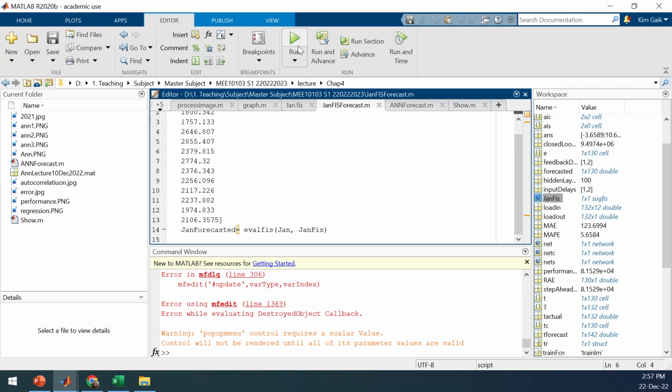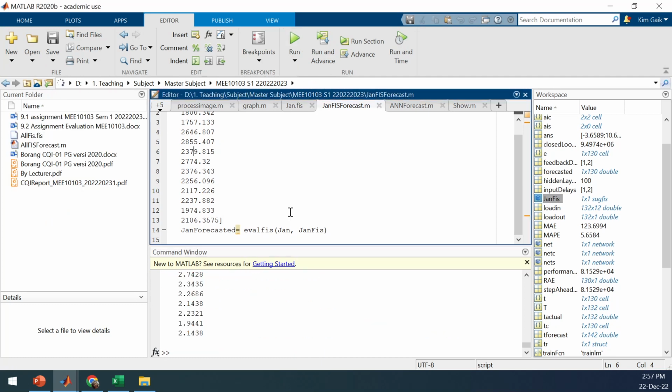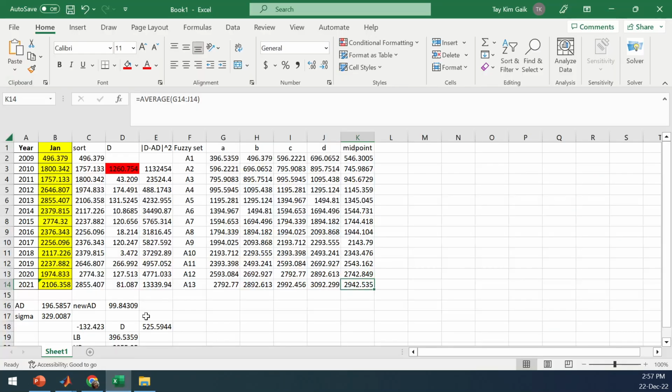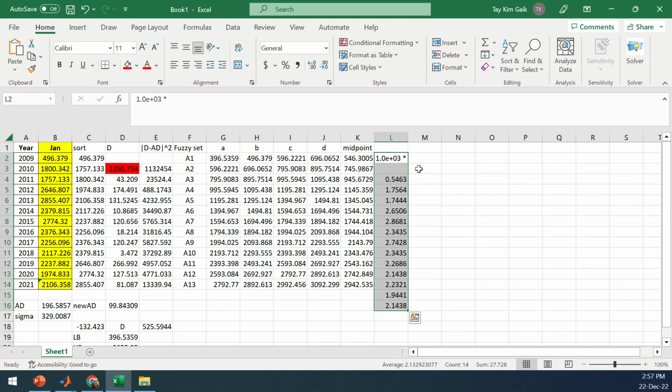So this is the forecasted output. You can copy it. Okay, let's see. I will put it here. Oh, no, don't put it from here.